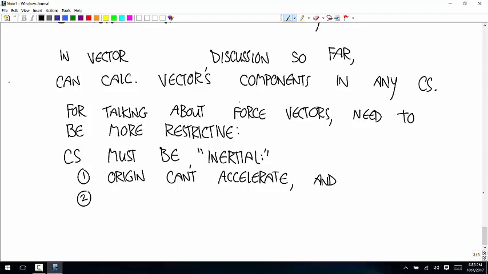They can't be changing orientation. So there are those two requirements about what kind of coordinate systems we can use for kinetics.